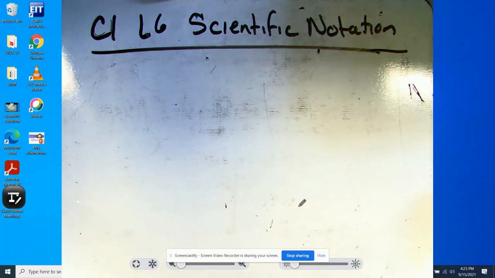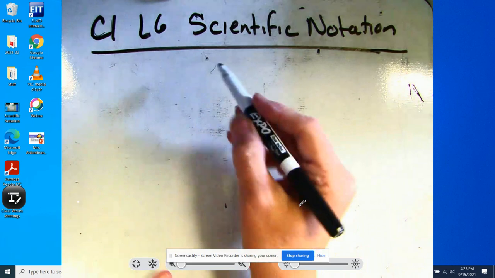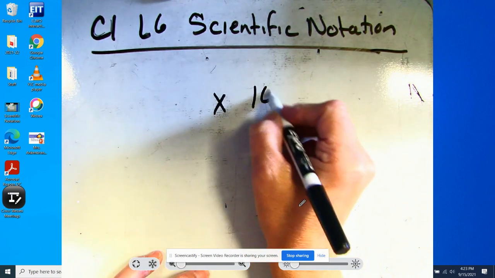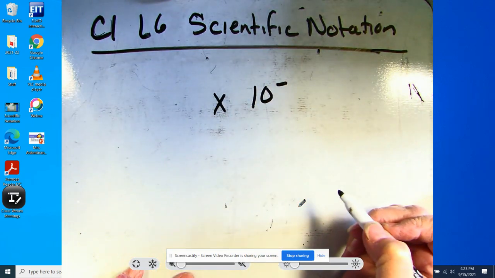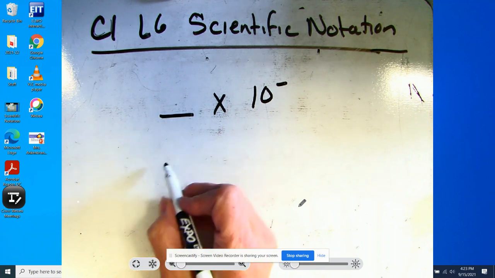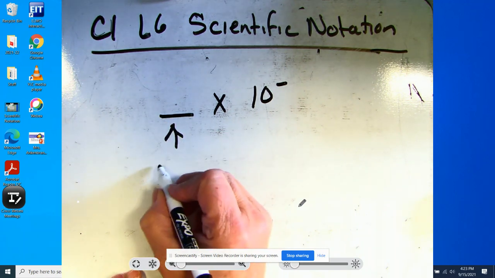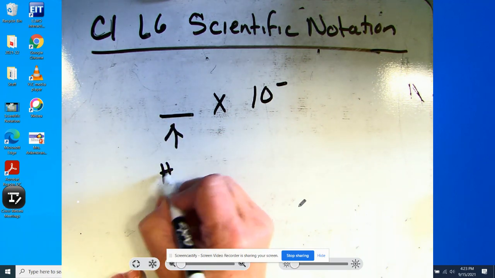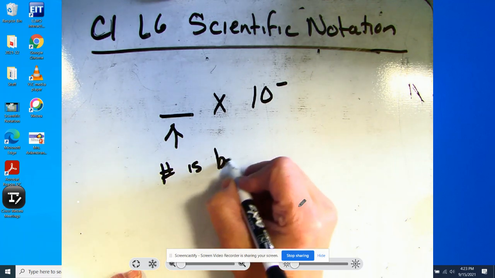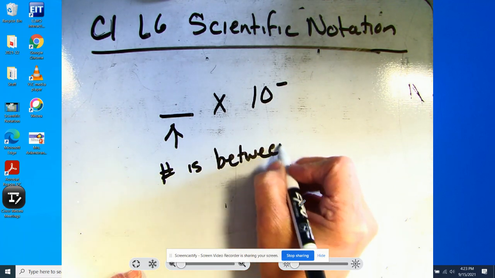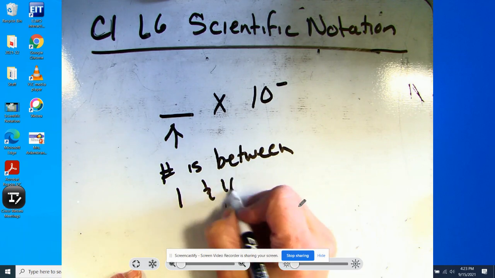So the rule with scientific notation is this. It is a multiplication problem. So it's always going to be times 10 to the power of something. Okay? The number here has to be between 1 and 10.